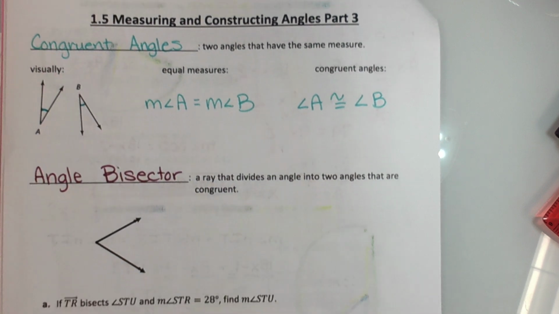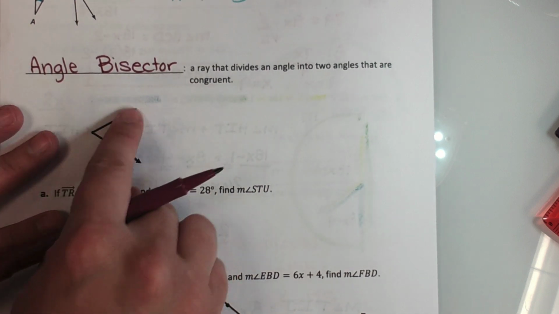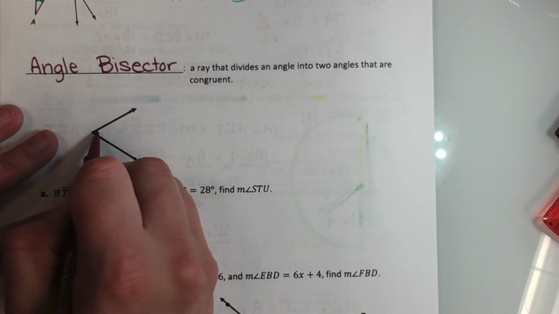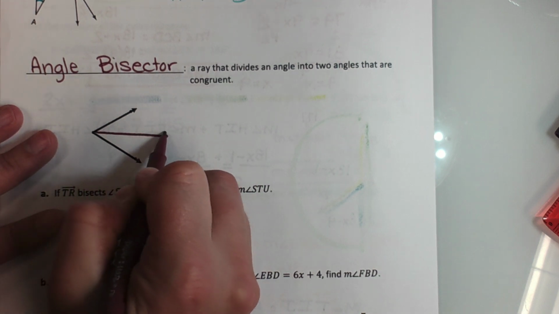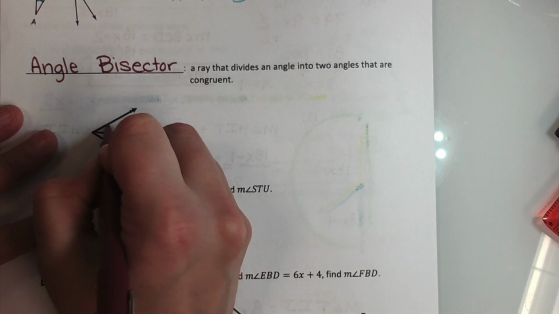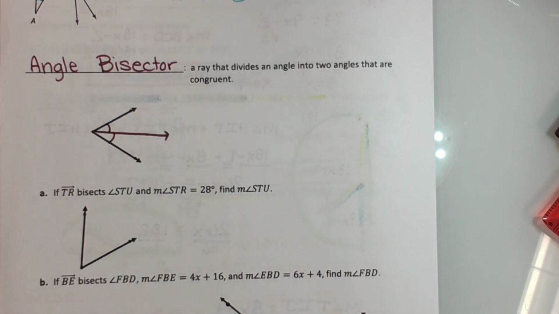An angle bisector is a ray that divides an angle into two angles that are congruent. So I've got this angle right here, and if I draw a ray going smack dab through the middle of them, such that this angle and this angle are congruent.